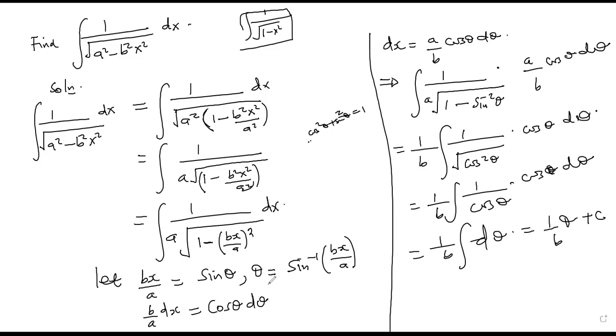But theta is sine inverse of bx over a. So the whole result will become 1 over b sine inverse of bx over a plus a constant of integration. So that is what we get when we integrate such a question.